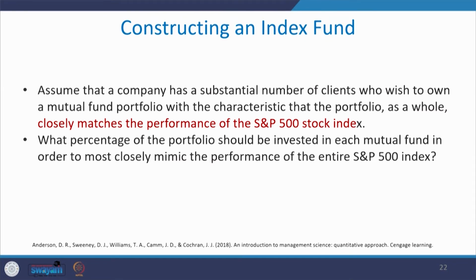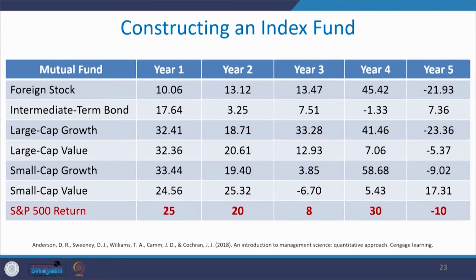What percentage of the portfolio should be invested in each mutual fund in order to most closely mimic the performance of the entire S&P 500 index? So, what we have to suggest is what percentage of the portfolio should be invested so that it will mimic the performance of the entire S&P 500 index. Here, this problem we have solved already.